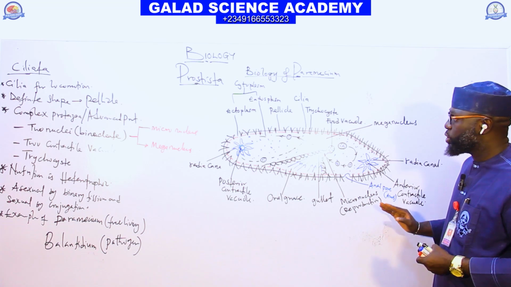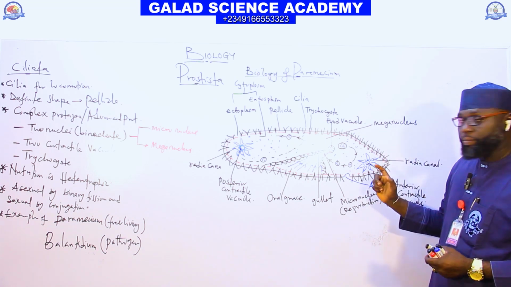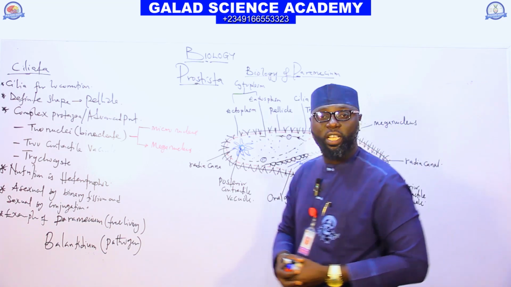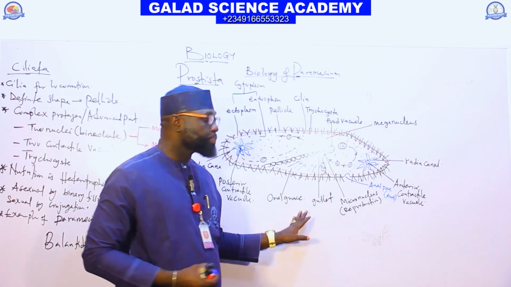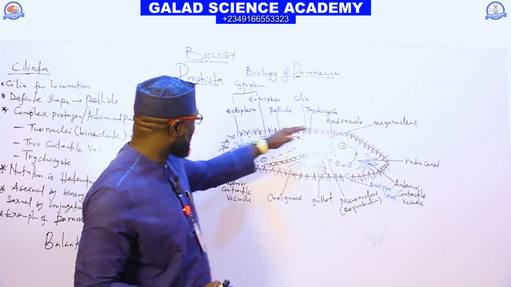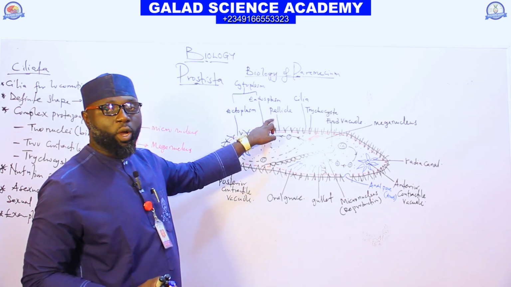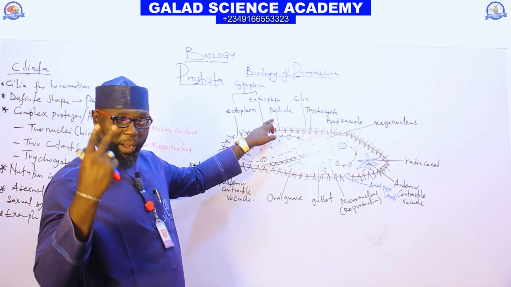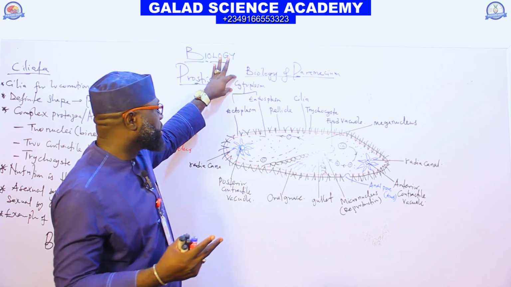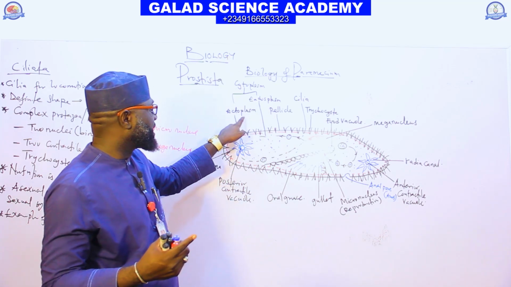So once again, the shape of Paramecium is like a slipper, and it has a macronucleus. The entire membrane of Paramecium is surrounded by a layer called the pellicle. The body of Paramecium comprises two things, ectoplasm and endoplasm.